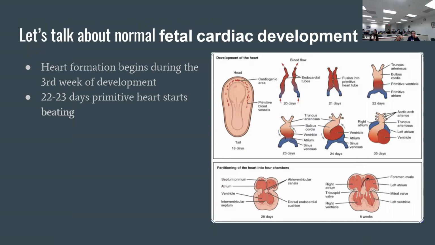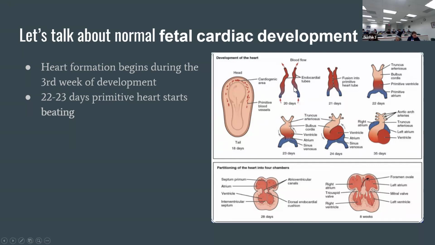Fetal cardiac development, and then we're going to talk about fetal circulation. So the heart formation begins during the 3rd week of in utero development. So at 22 to 23 days, the primitive heart starts to beat. And this is what it looks like first.